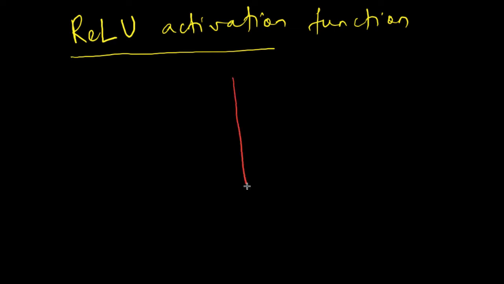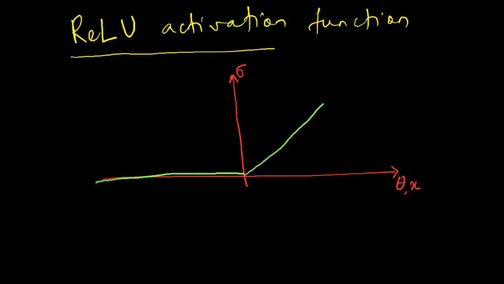So again you have your x-axis which contains the weight parameters and the input values. This is the activation function, and your actual function is 0 for the left hand side of your x-axis, and for the right side it is a linear function. So this is a perfect straight line with a positive slope.